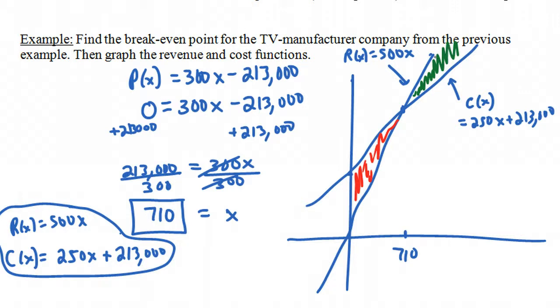So you're making money when the revenue is greater than the cost. Now, even though these lines go to the left of the y-axis, it doesn't really make sense to have them over there because you can't sell a negative number of TVs. So really, these lines should just start at the y-axis and move right.